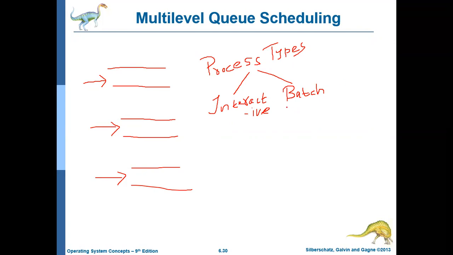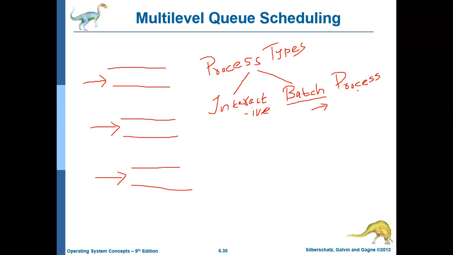Whereas batch processes are also user processes, but here the user submits the job or the process and then goes away. It does not require any user interaction, and this job should be completed maybe within an hour, 2 hours, or 10 hours, whatever it may be.